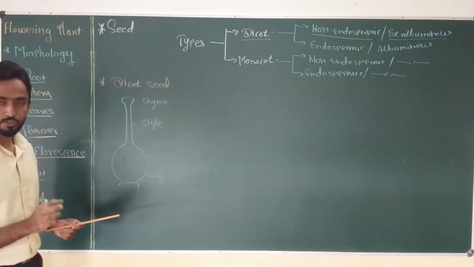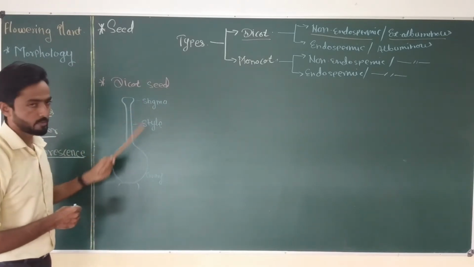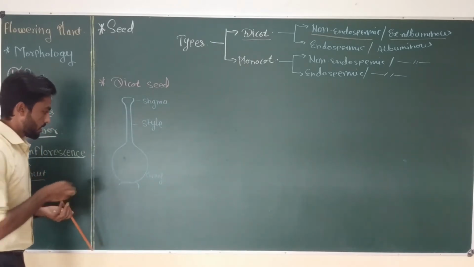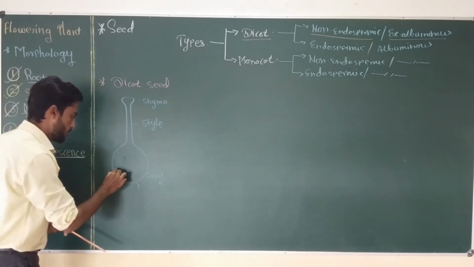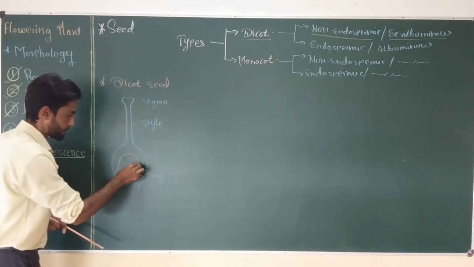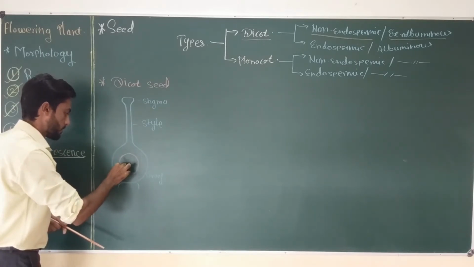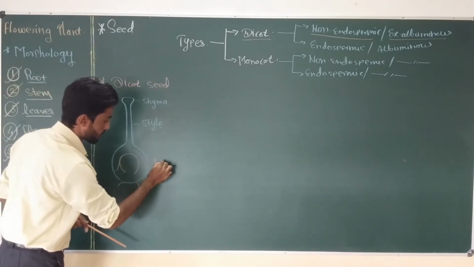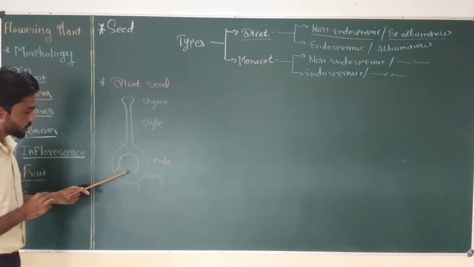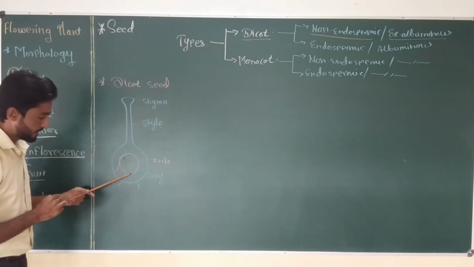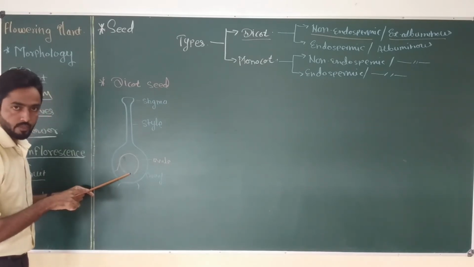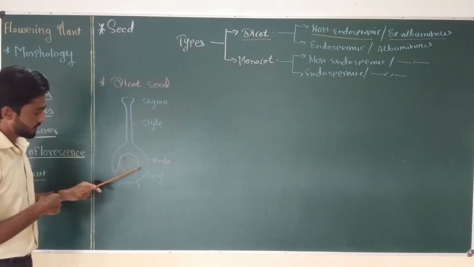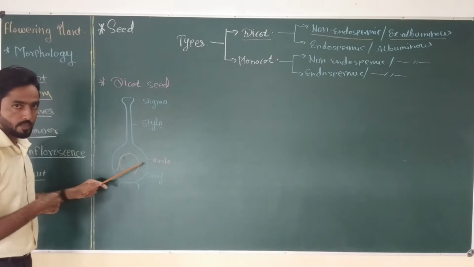So the gynoecium or carpel is made up of three different parts, and inside the ovary one or more ovules are present. Anatropous ovule means the ovule shows an opening called the micropyle at the downward side, and in many cases in dicot seed the ovary generally shows an anatropous type of ovule.